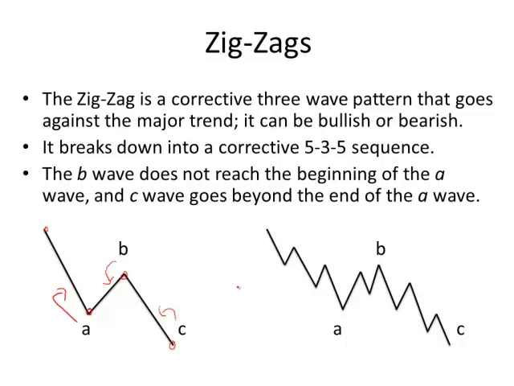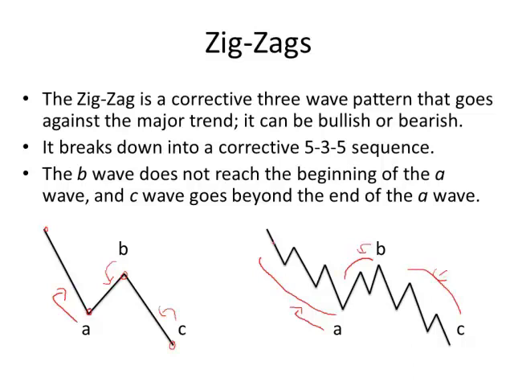Now let's turn to the right side, where we want to look at the corrective 5-wave sequence. We have 5 waves, 1, 2, 3, 4, 5, going down to A. So this whole thing is the A wave. This whole thing here is the B wave, and this whole thing here is the C wave.